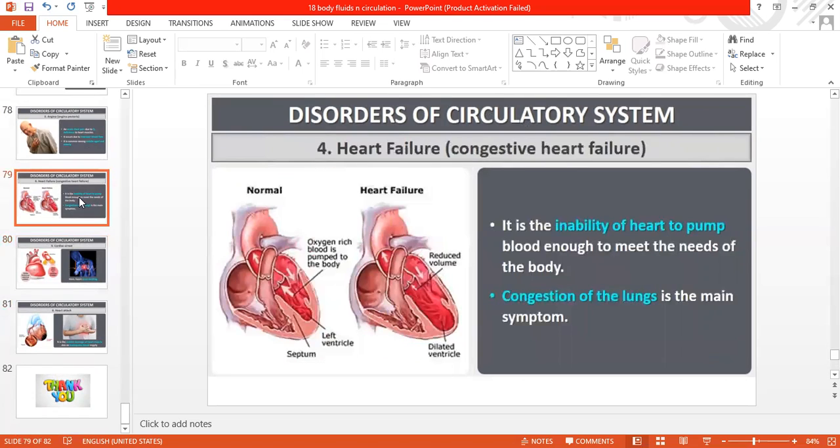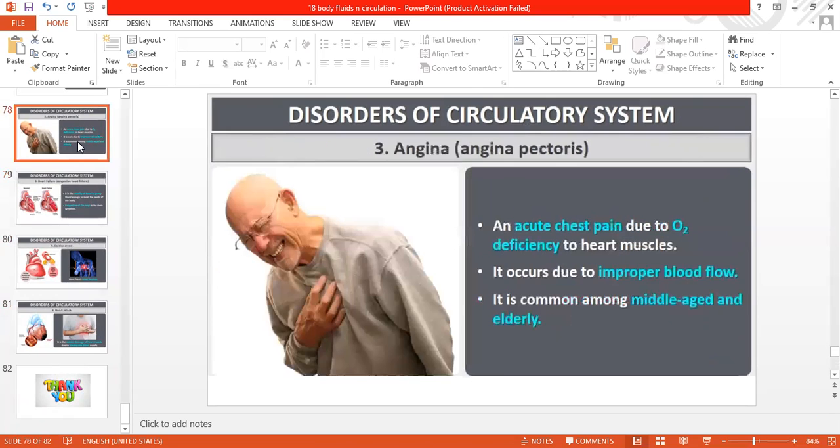And cardiac failure is due to the inability of the heart to pump blood, and therefore there is congestion in the lungs. So you can understand, children, that when a doctor uses these terms, all heart attacks are not the same. Many times he uses heart failure, or he uses heart attack, or he uses the term cardiac arrest or angina pectoris. They all are different.